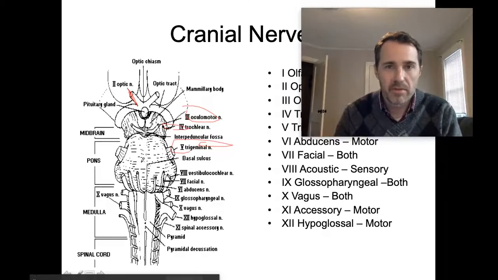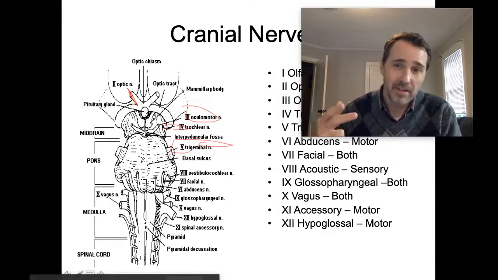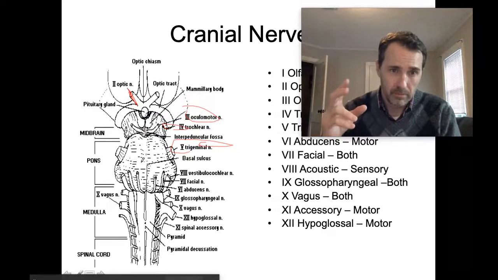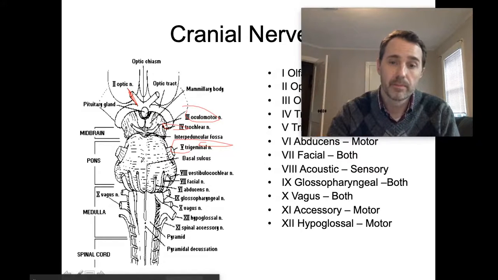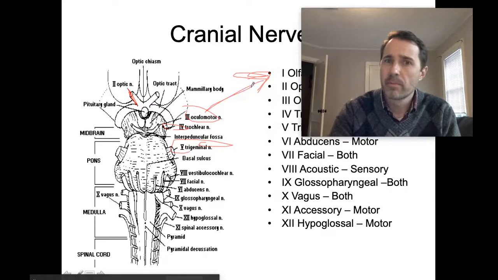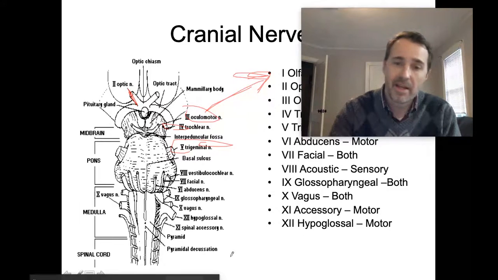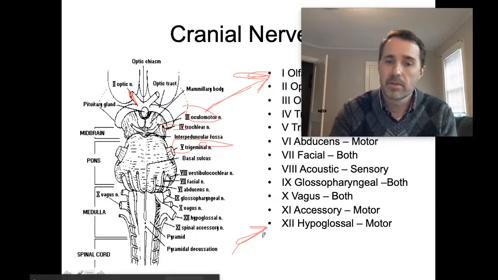So the cranial nerves are numbered in the order at which they connect to the nervous system from superior to inferior. So looking at this list here, I know that the olfactory is the superior most cranial nerve in the body, and I also know that the hypoglossal is the inferior most.